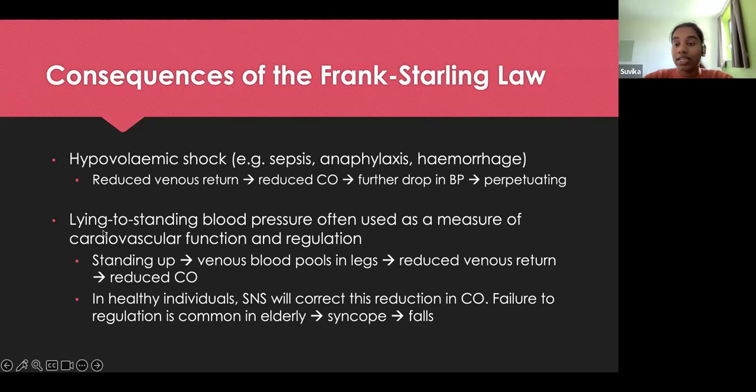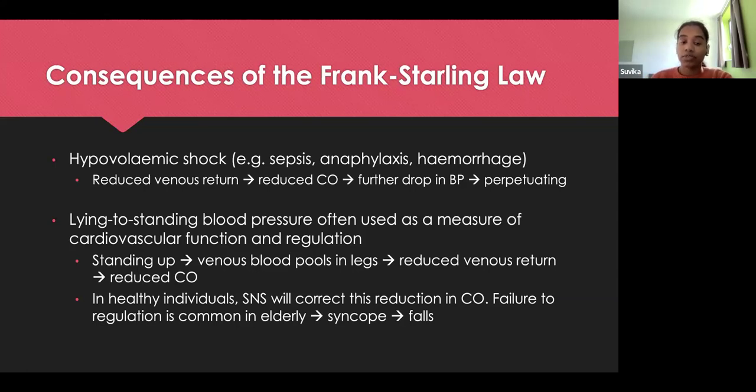Another thing that we look at clinically is lying to standing blood pressure. So you take a blood pressure recording when you're lying down, and then you stand up and your blood pressure will change. And we use this often to measure how well someone's heart is doing and how well it's being regulated. So when you're standing up, all your blood will pool in your legs. So now you're getting less venous return to your heart because everything's kind of stuck in the legs. So you get reduced cardiac output.